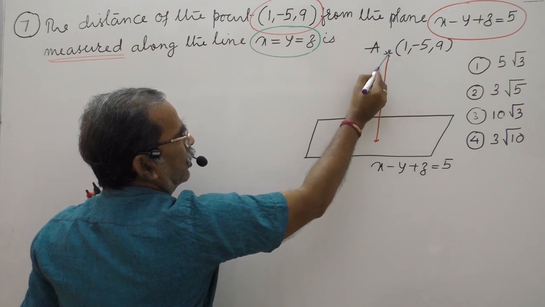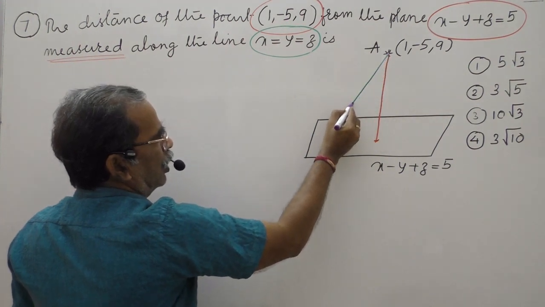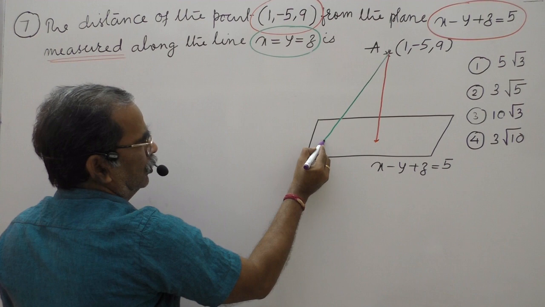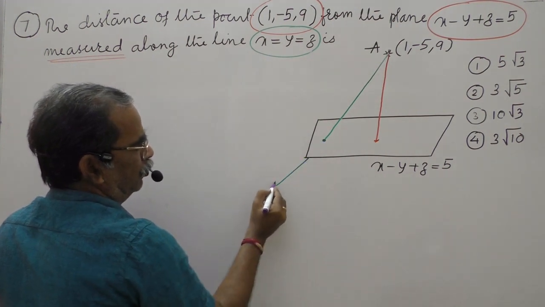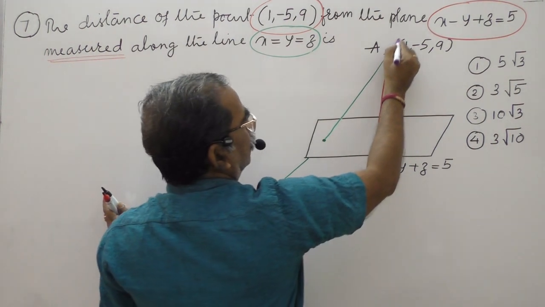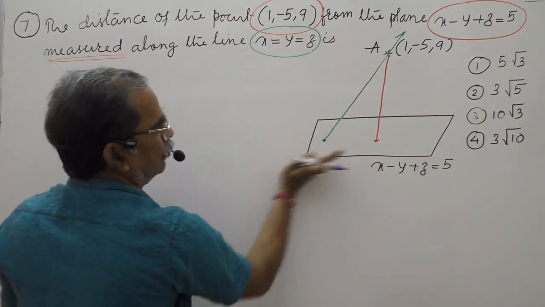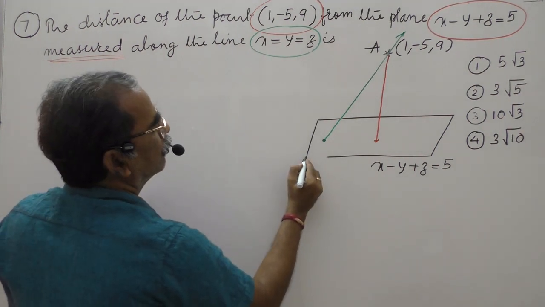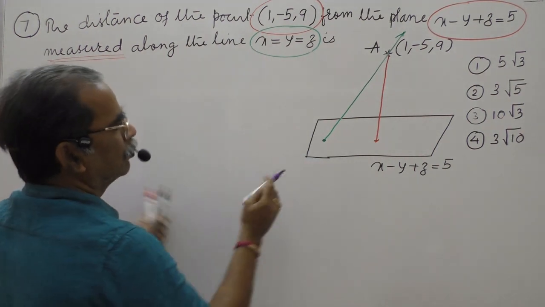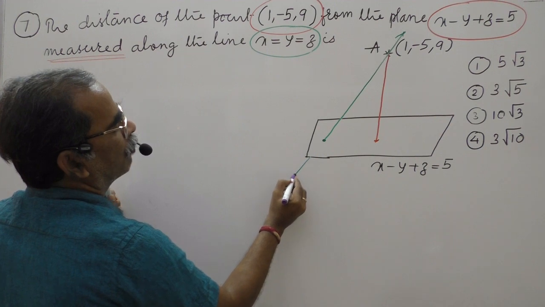So the distance from the point to the plane measured along this line. This is the line, say it is reaching the plane here. A rough figure.